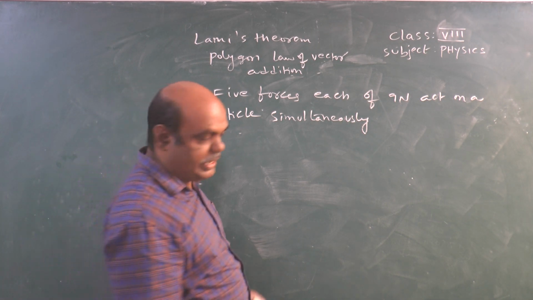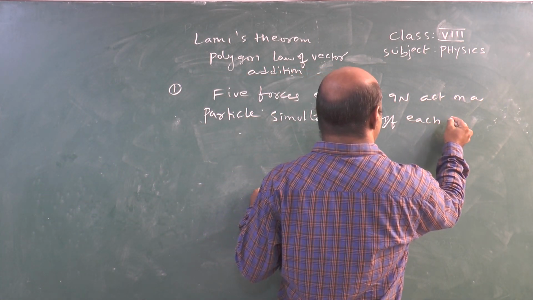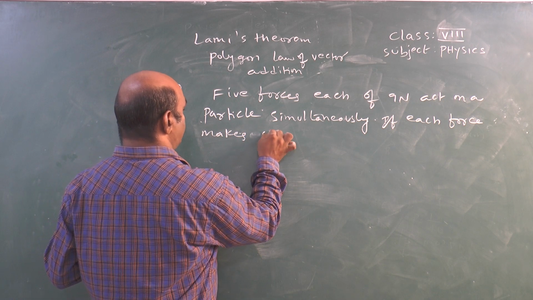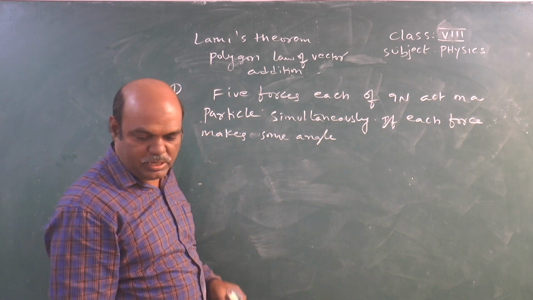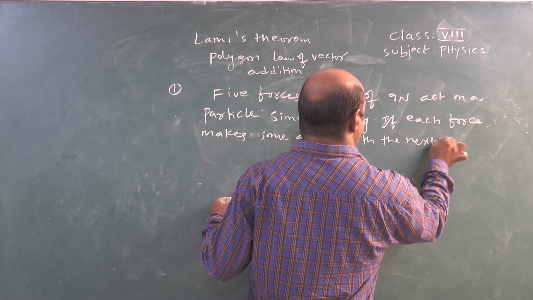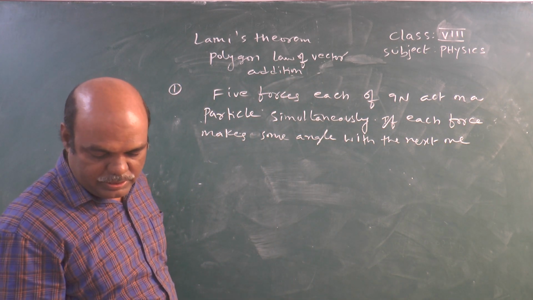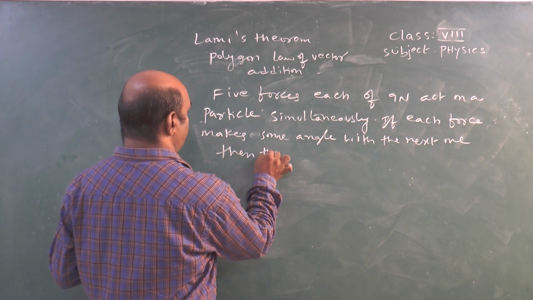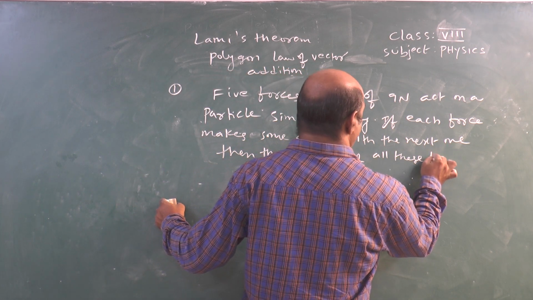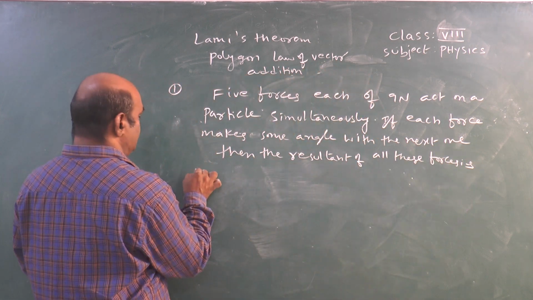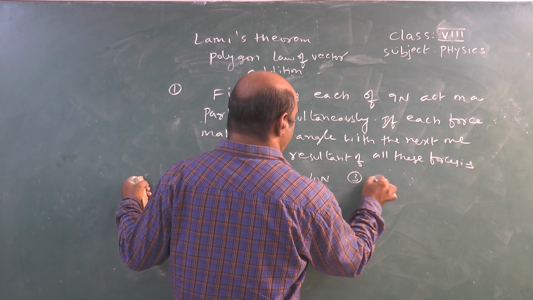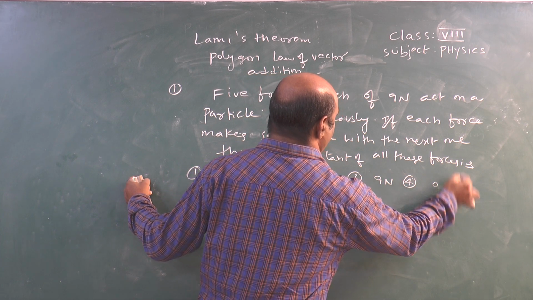If each force makes some angle with the next one, then the resultant of all these forces is: first option 45 Newton, second option 10 Newton, third option 9 Newton, fourth option 0 Newton.